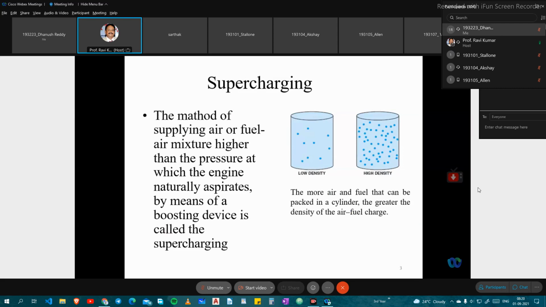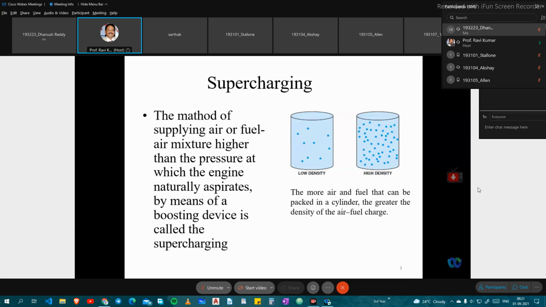Naturally aspirated means only the available atmospheric air, at atmospheric temperature and pressure, goes to the engine. If you connect a supercharger, automatically the pressure, temperature, density and mass flow rate will be increasing, and you are giving a boost to the engine.